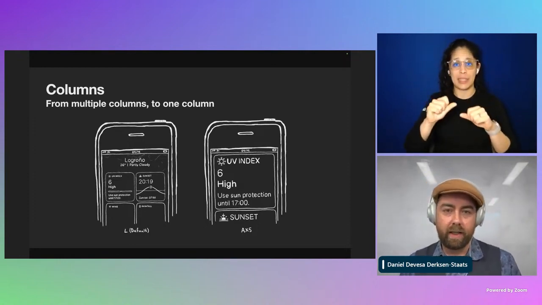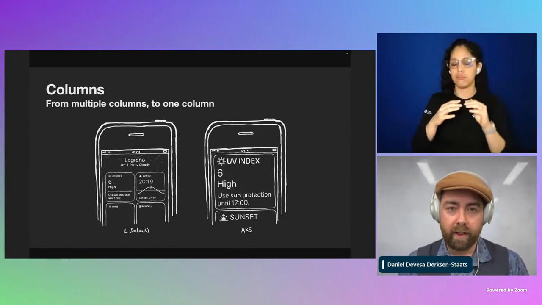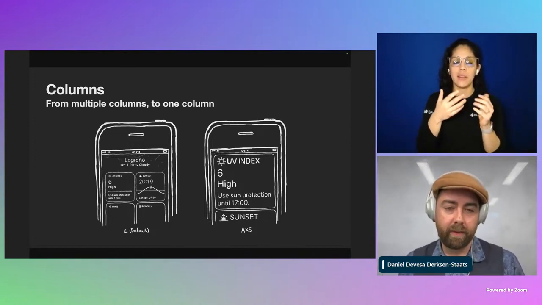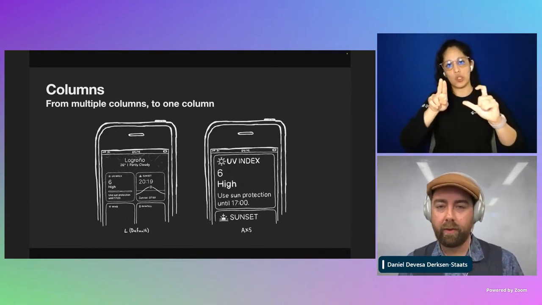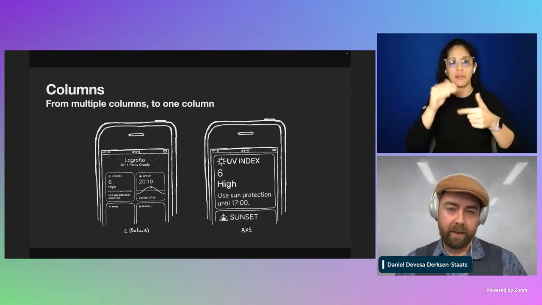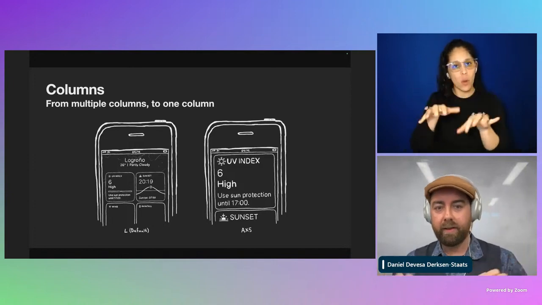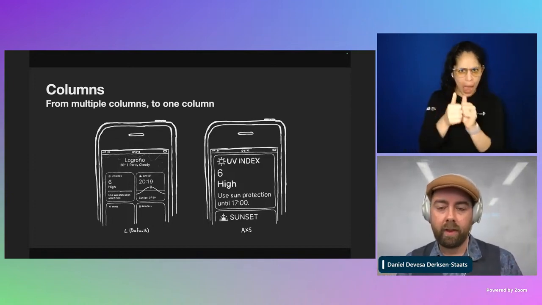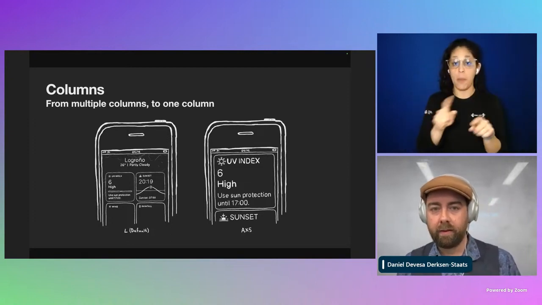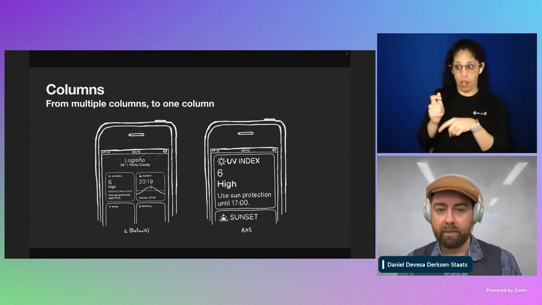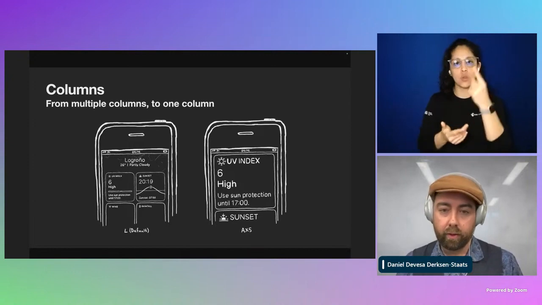So in the slides, I'm showing an example of the weather app and how sometimes it shows information like UV index or sunset or wind or rainfall in squares in the screen into columns. But actually, if you configure the text size to be the largest one, it goes to one column and it's much easier to consume that information.